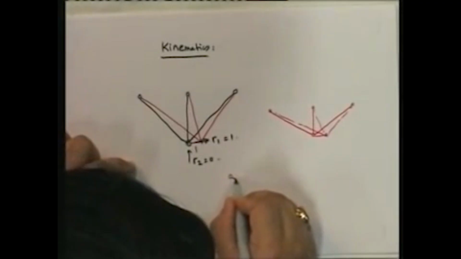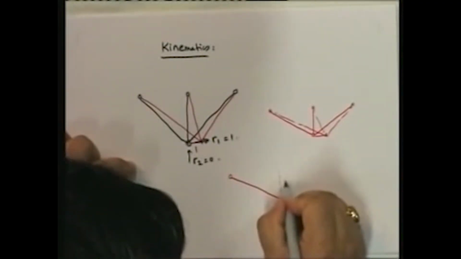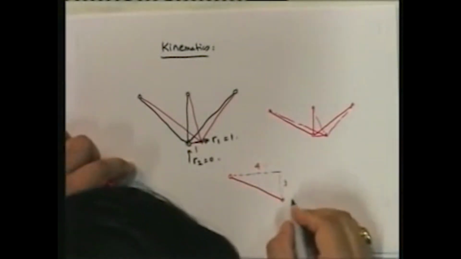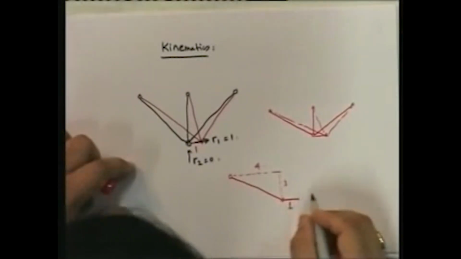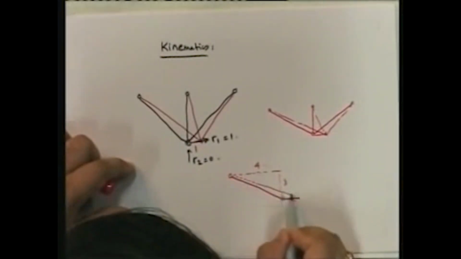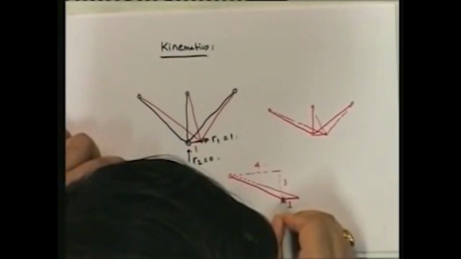Okay, it's given in this form where this is 3 and this is 4. This point has gone, I'm going to expand it by 1. So this is my new shape, and I need to find out the length.